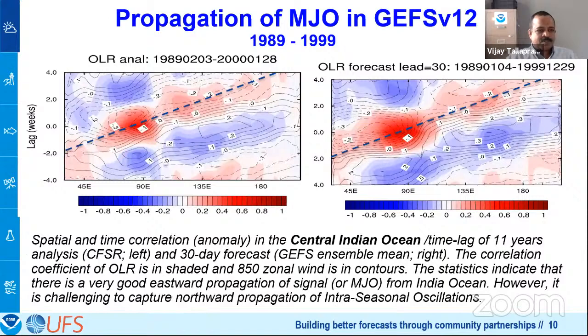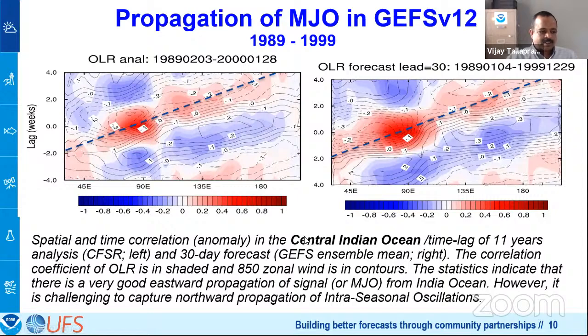The propagation of the MJO is a topic that we all know CFS suffers a lot with, in terms of demonstrating the accurate propagation of the MJO. This shows the OLR anomalies compared against GEFS-v12 and the CFS: the spatial correlations are well captured in the 30-year period that we have analyzed here.